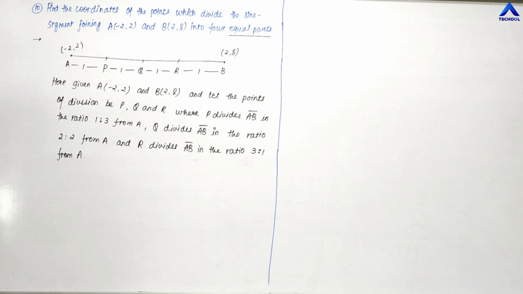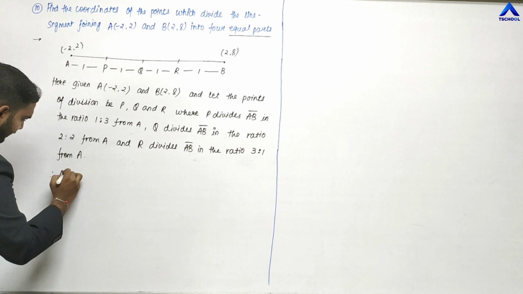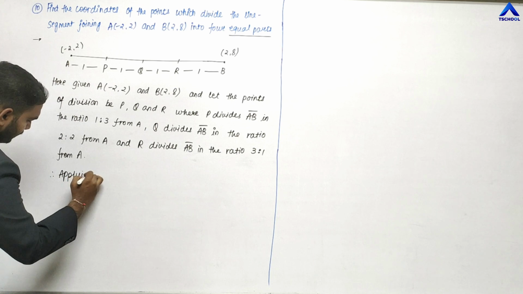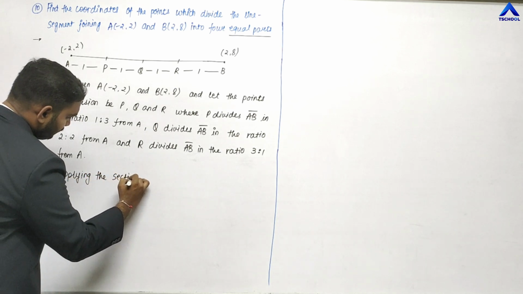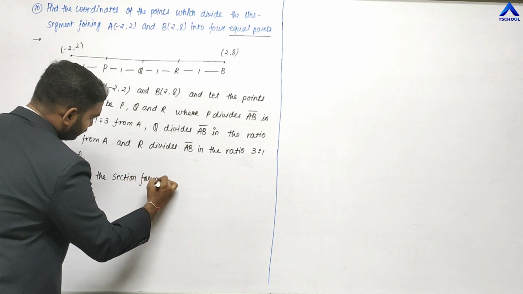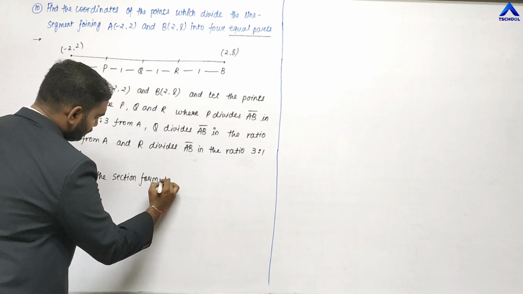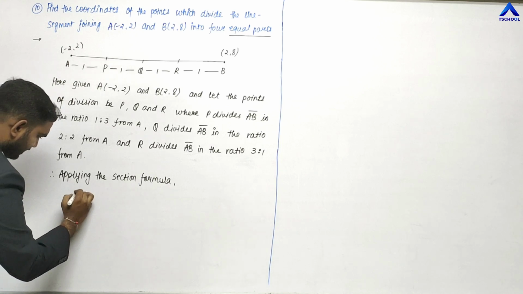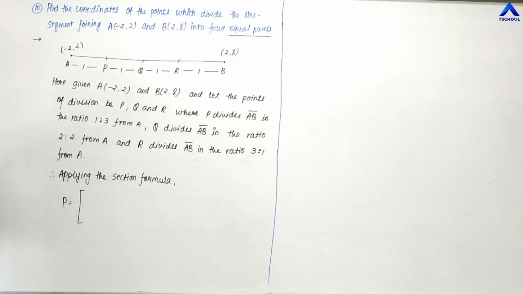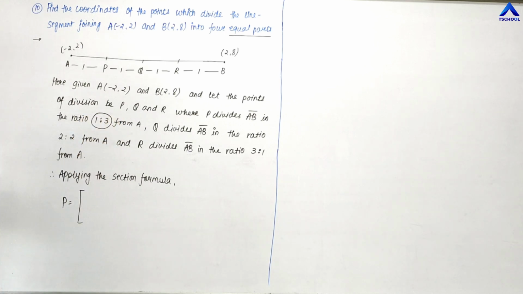So we can say that the coordinate of point P, therefore, applying the section formula, P is equal to, here m1 and m2 are 1 and 3.